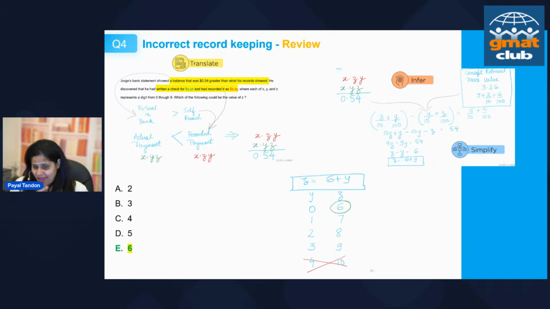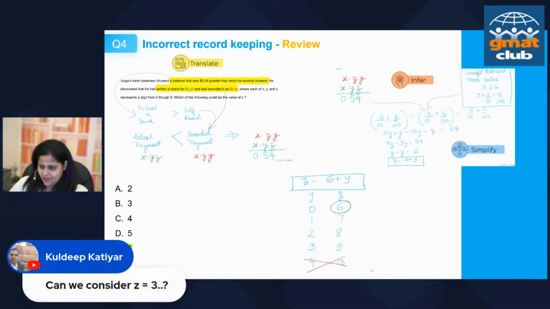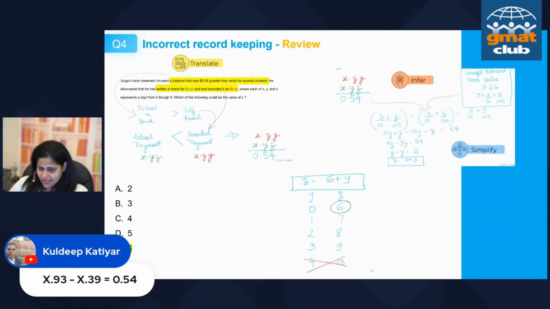Because you have x.zy. Got it? So here when you're working this out, and thank you for showing me that working out, x.93, 9 corresponds to z and 3 corresponds to y. So your z is 9, your z is not 3, which is why you selected choice B as the correct answer.